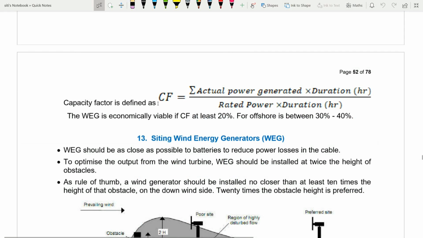Capacity factor is defined as the actual power generated multiplied with duration, usually calculated yearly, divided by rated power multiplied with duration. The WEG is economically viable if CF is at least 20%. For offshore, it's between 30% to 40%.